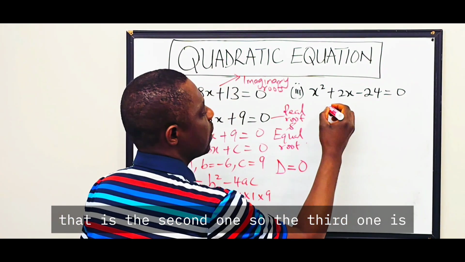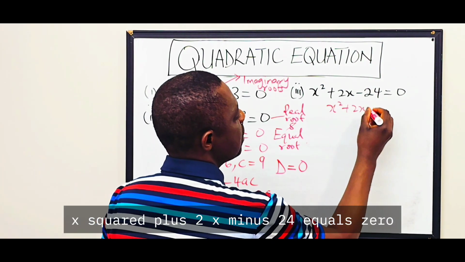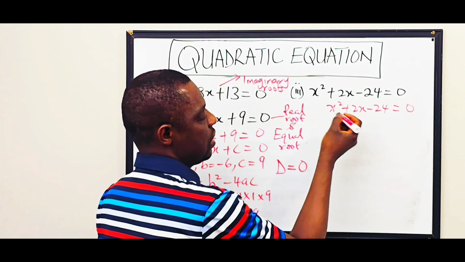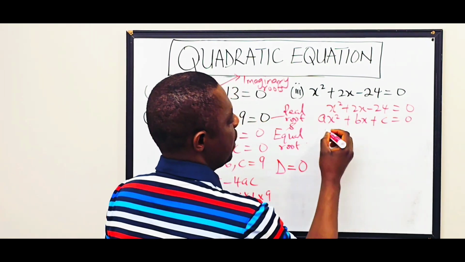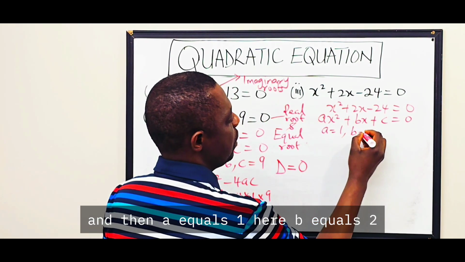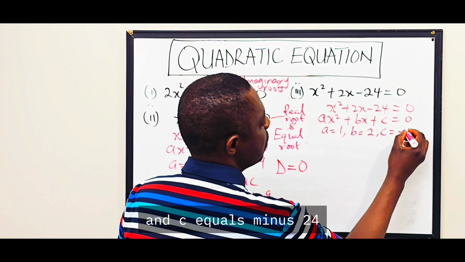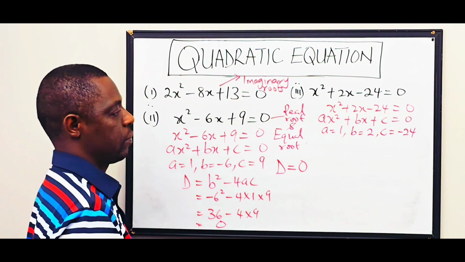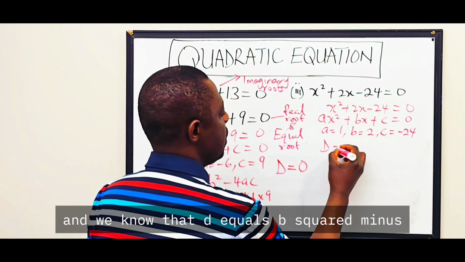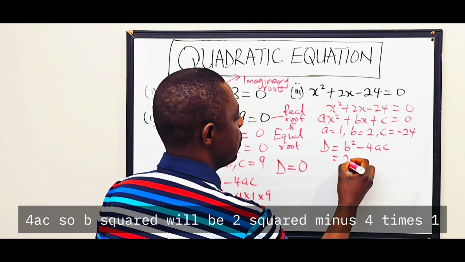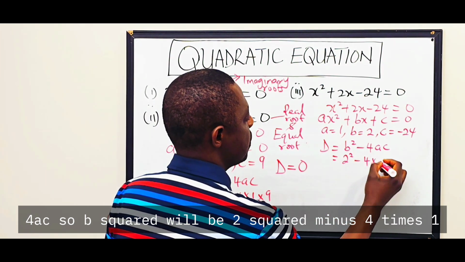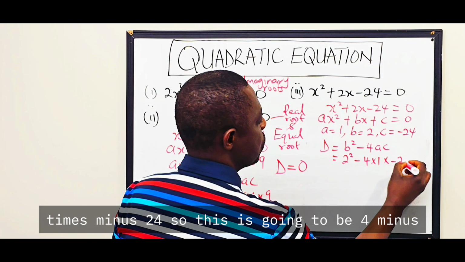The third one is x squared plus 2x minus 24 equals 0. What we have to do is compare with the general form. Then a equals 1, b equals 2, and c equals minus 24. And we know that d equals b squared minus 4ac. So b squared will be 2 squared minus 4 times 1 times minus 24.